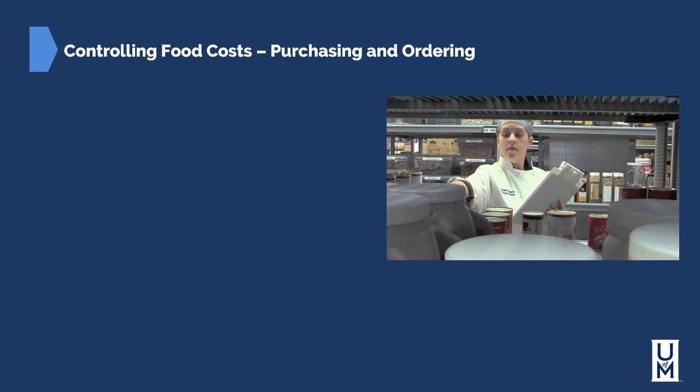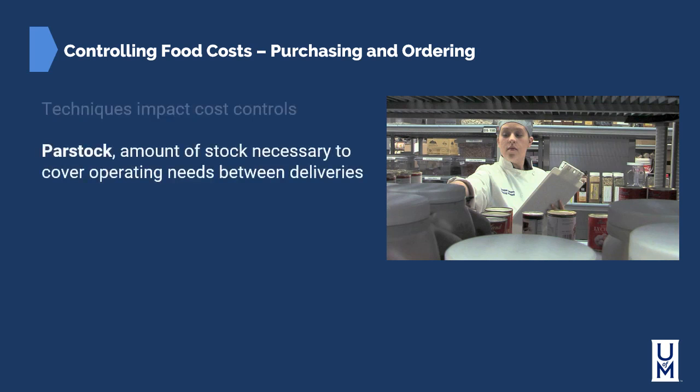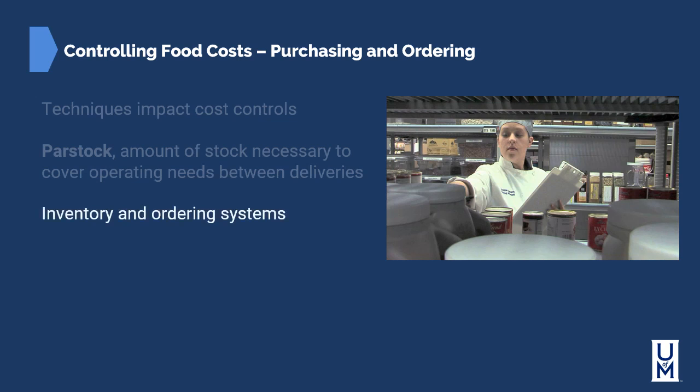In purchasing and ordering, there are several things that can be involved in controlling your food cost. Techniques impact food cost controls as well. Par stock, which is the amount of stock necessary to cover operating needs between deliveries. Inventory and ordering systems, perhaps you're using a manual ordering system versus an electronic ordering system, or an inventory system which is done on a clipboard versus done on a computer.